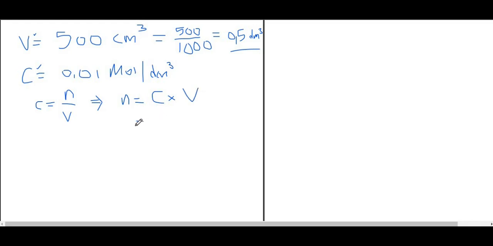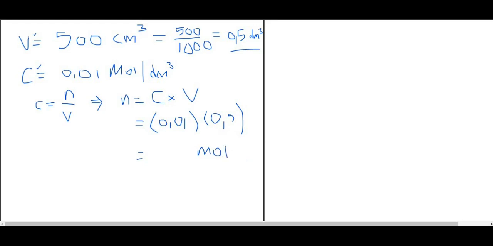My C is my concentration, which is given by 0.01. What is my volume? My volume in cubic decimeters is given by 0.5. And you just need to put this again in your calculator and see what value you get. And that will actually be your number of moles. So whatever answer you get, you'll report it in moles.